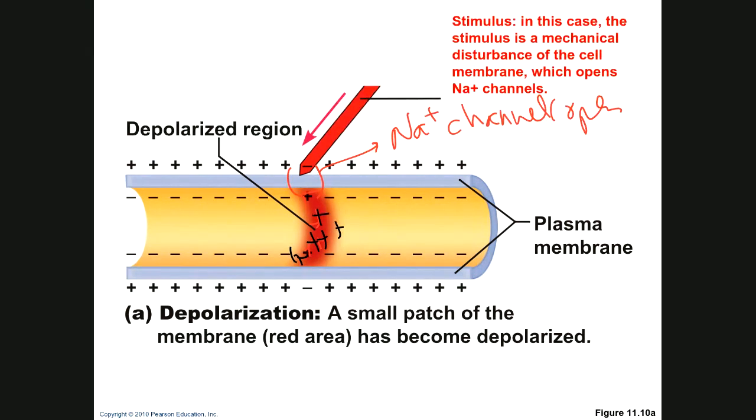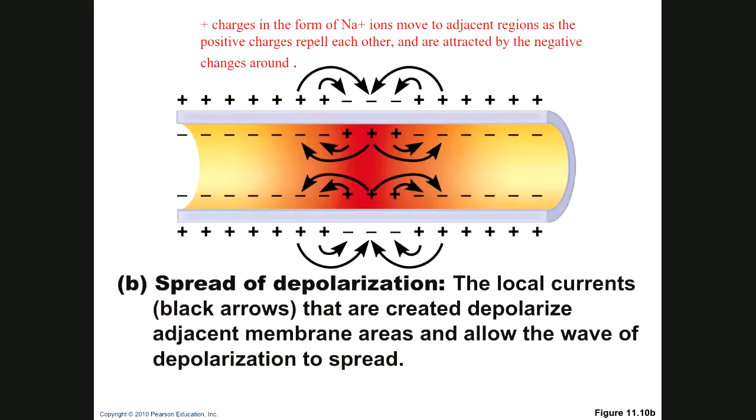Moreover, there are negative charges surrounding them. So these positive charges will begin to travel away from the source, and the graded potential will be spread in this manner. So this influx of charges due to the stimulus is what we call the graded potential. And graded potential travels as the charges repel each other.